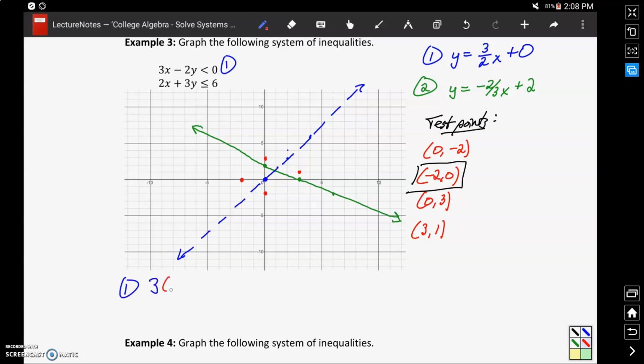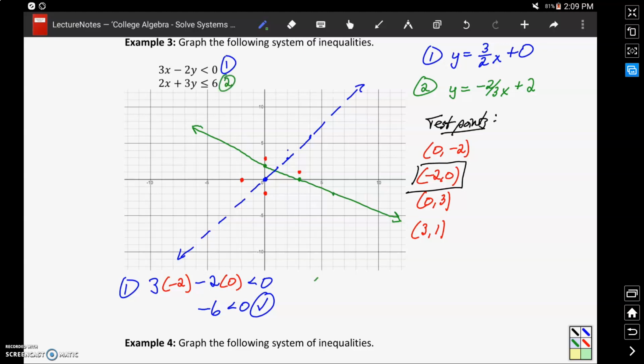So if we plug in 3 times negative 2 minus 2 times 0 into inequality 1, we'll get negative 6, which is definitely less than 0. So that point works for our first inequality statement.